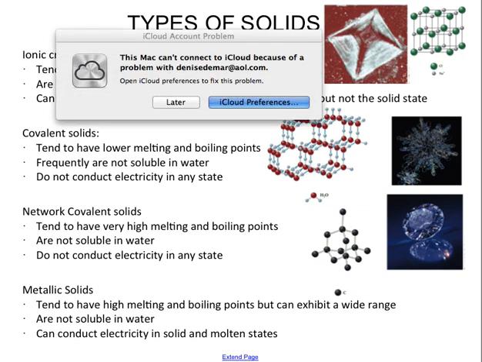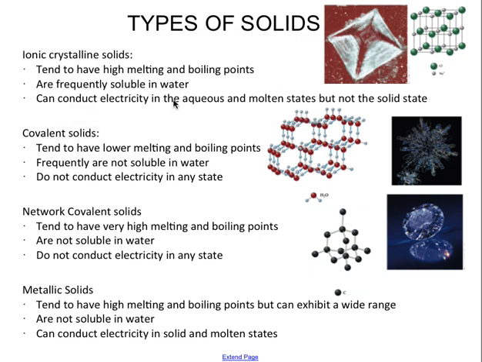So let's start with the type we know the best, and that is the ionic crystals. We know ionic compounds. What makes up ionic compounds? Metals, nonmetals, polyatomics. All those things are ionic crystals held together through electrostatic interaction, lattice energy. They have high melting points.